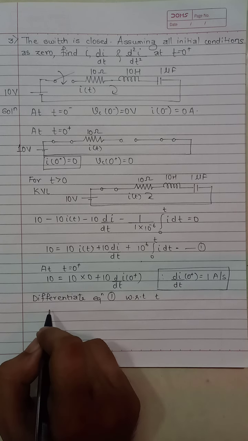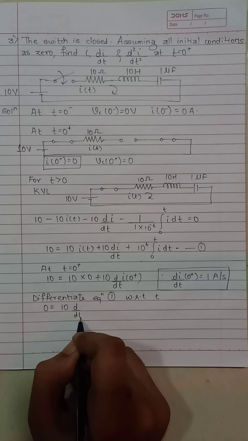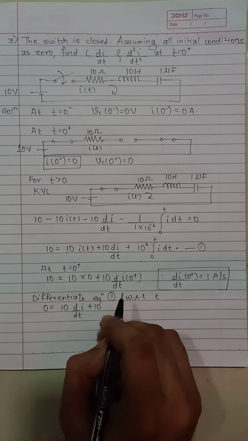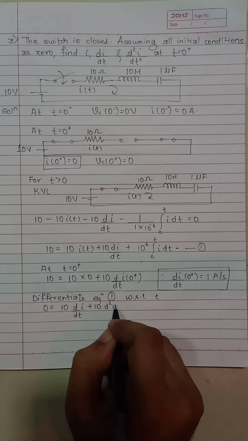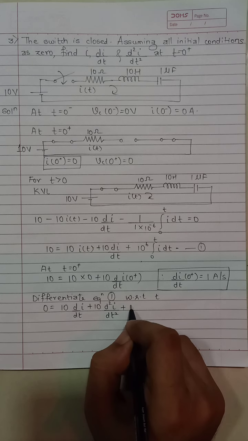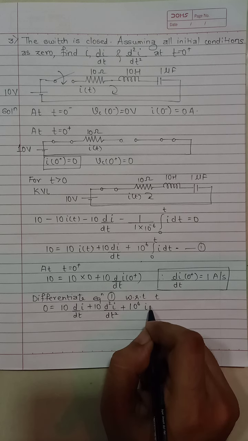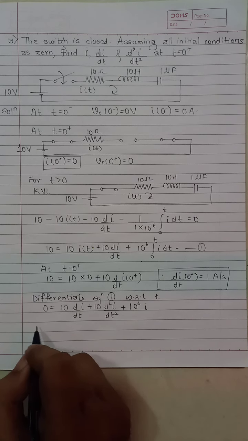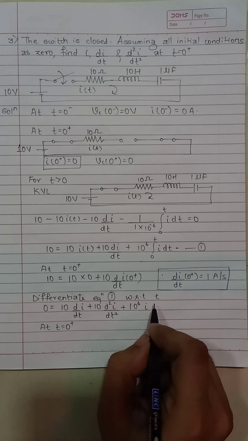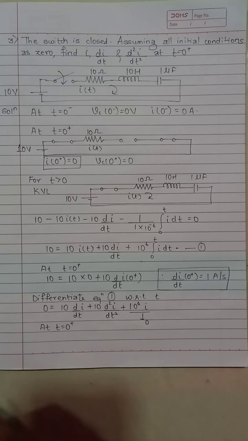It will give me 0 equals 10 di by dt plus 10 d square I by dt square plus 10 raised to 6 I. Then at t is equal to 0 plus, this term is 0, so we are left with only these two terms.